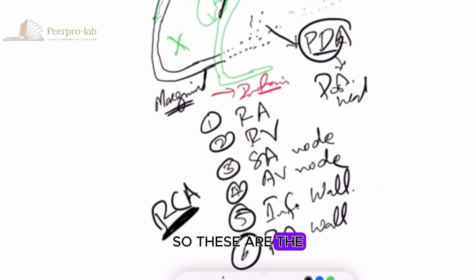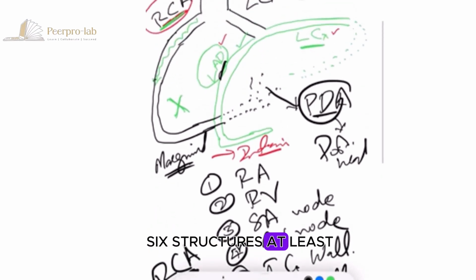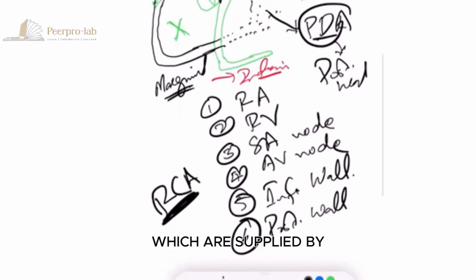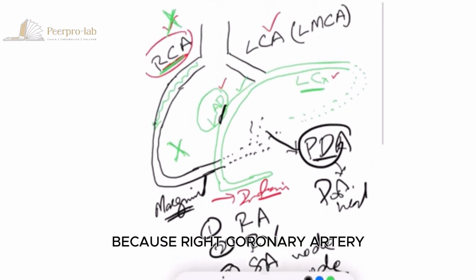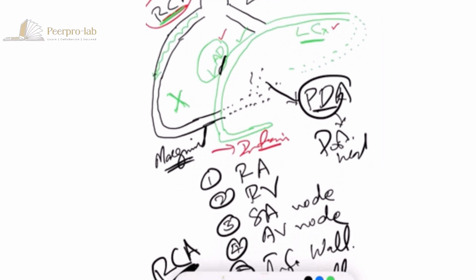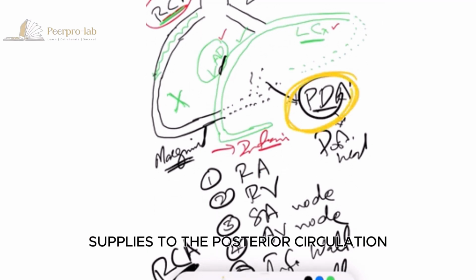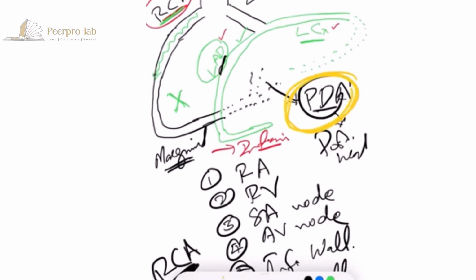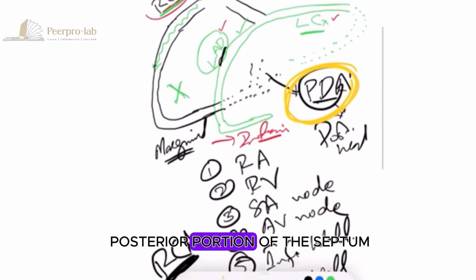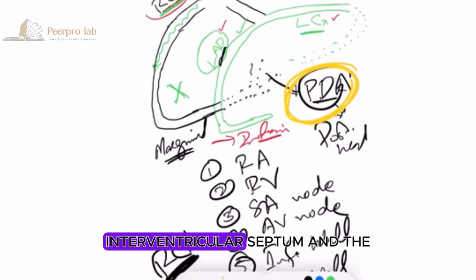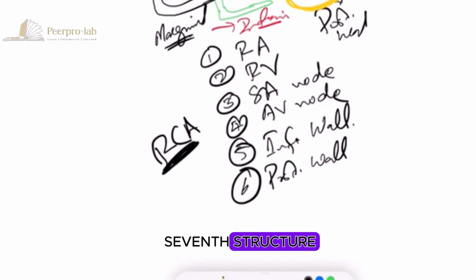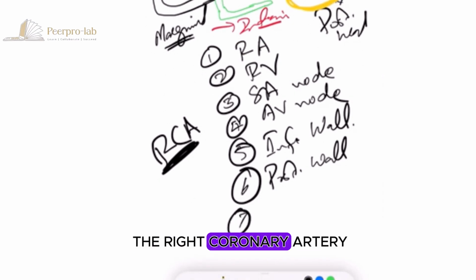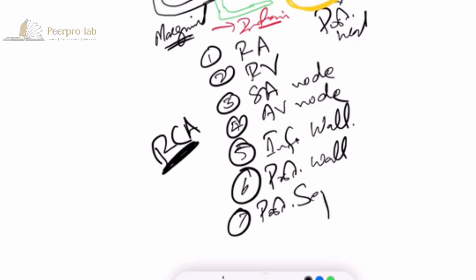So these are the six structures at least which are supplied by the right coronary artery. And there is one more thing: because the right coronary artery supplies the posterior circulation, it also gives blood supply to the posterior portion of the interventricular septum. The seventh structure supplied by the right coronary artery is the posterior septum.